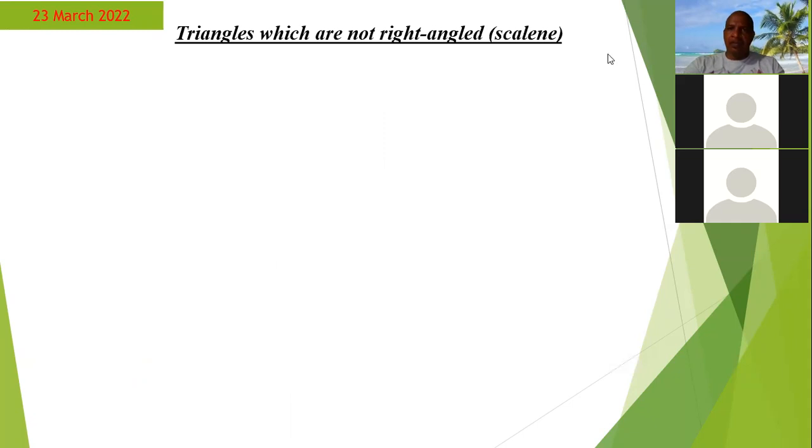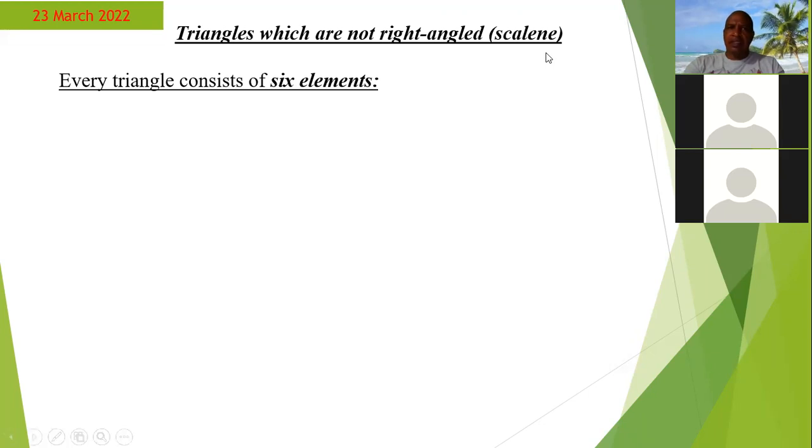All right, so when we're dealing with scalene triangles, we say that these are non-right angle triangles, and we say that there are 6 elements to the triangle.